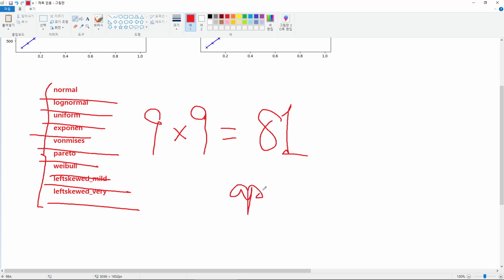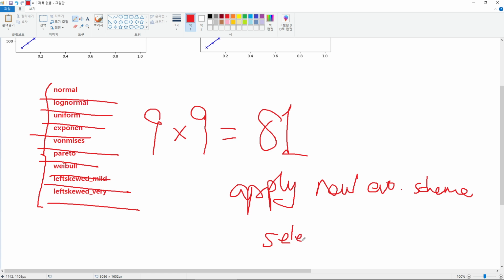and apply the new Evo scheme, including the change to the selector where the equal sign was introduced. Very important. No, not that important. And maybe not change the num create.